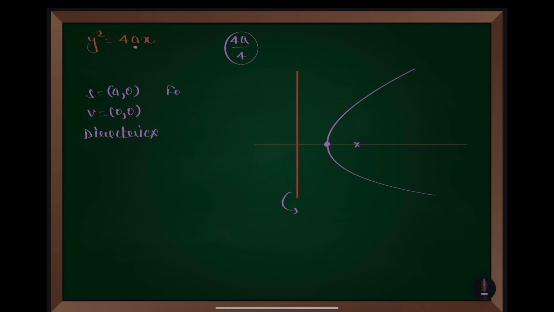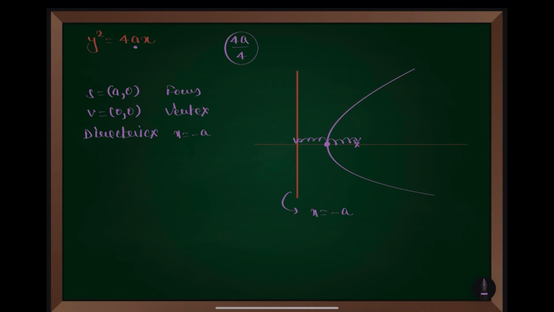So this was your focus, this was your vertex. So equation of directrix was what? X equals minus a, means the number of steps you have taken to reach here, you have to take back to go back to directrix. So x equals minus a.